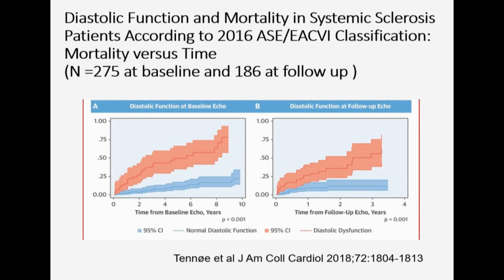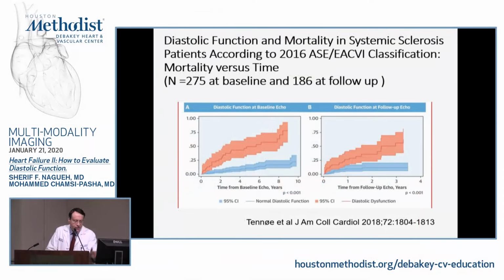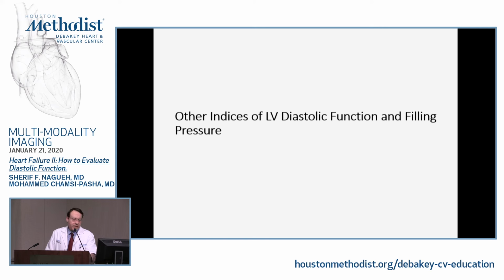This is from a population with systemic sclerosis, where pulmonary hypertension due to pulmonary vascular disease plays a big role. Outcome events were worse in patients with diastolic dysfunction on multivariable analysis.